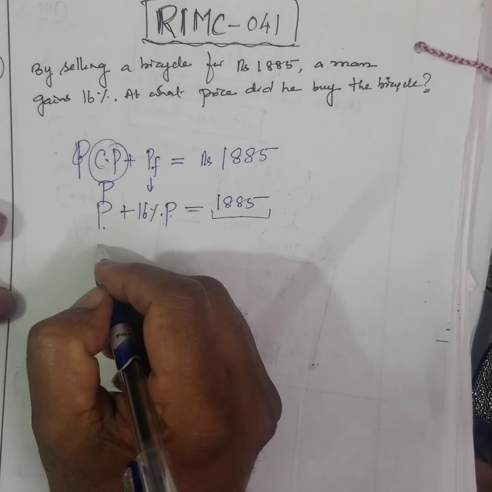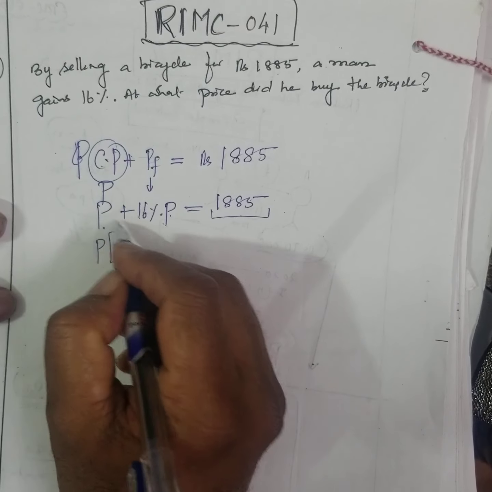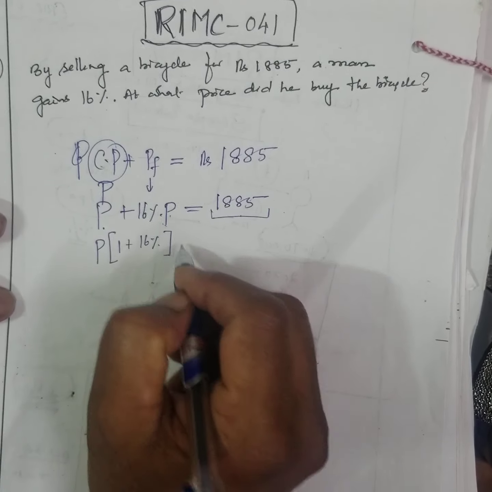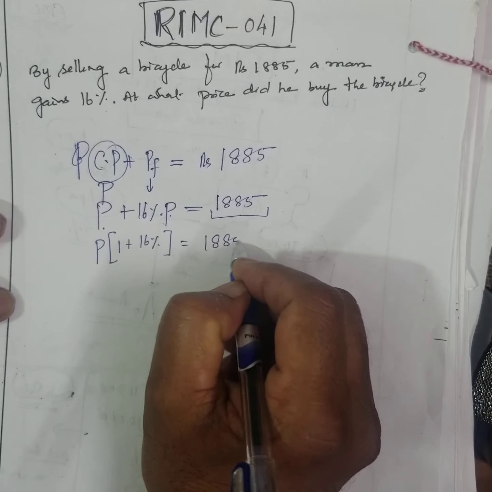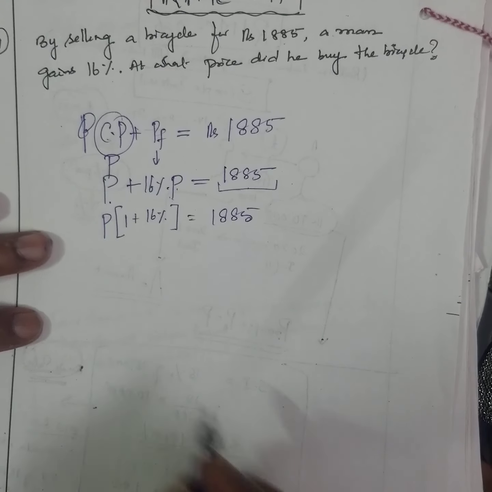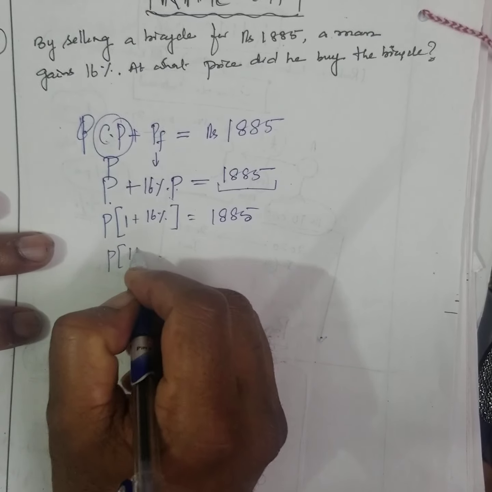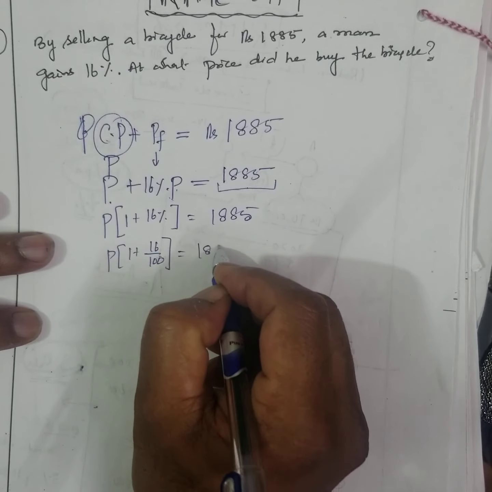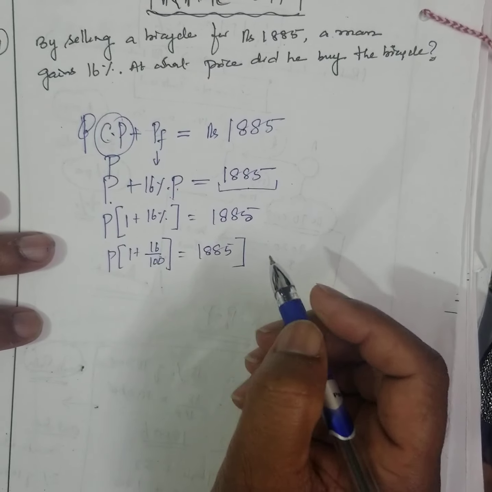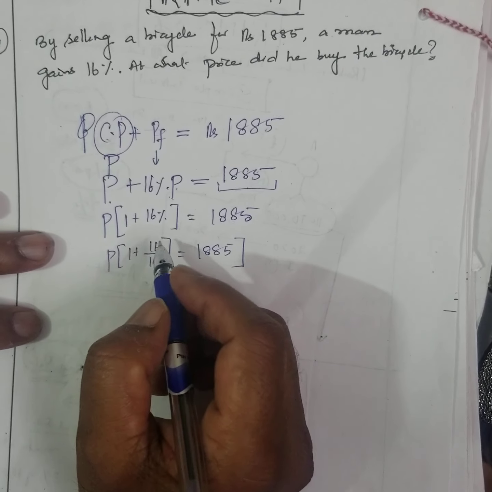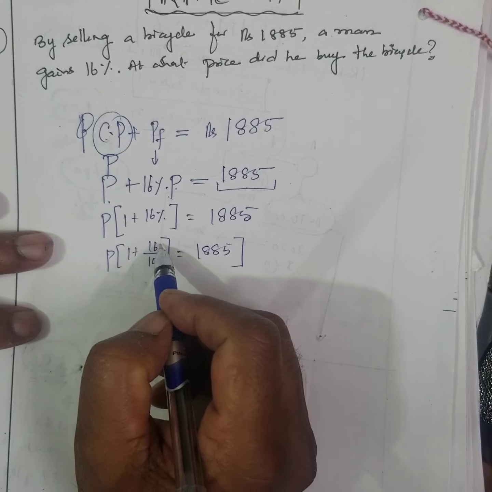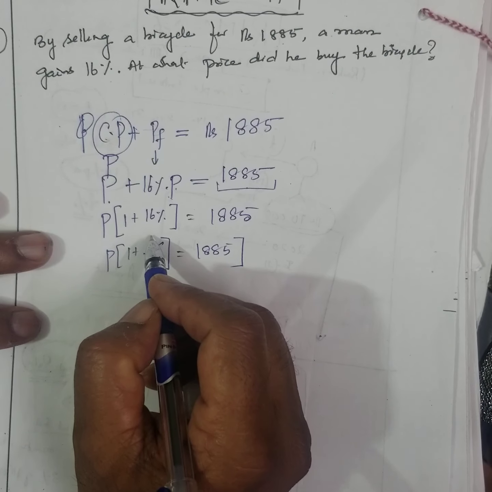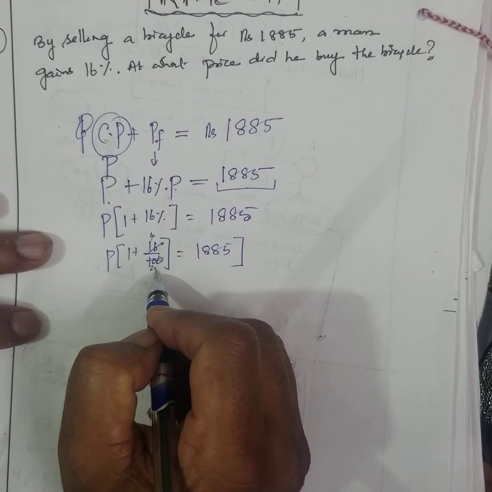Now, P, if I take common factor, 1 plus 16% is equal to 1885. P times 1 plus 16 by 100 is 1885. If you take 25, this is 16, if 4 times, this is 25 times.